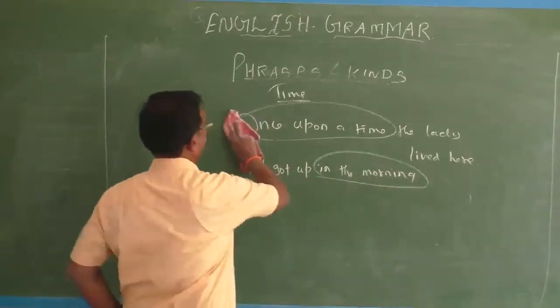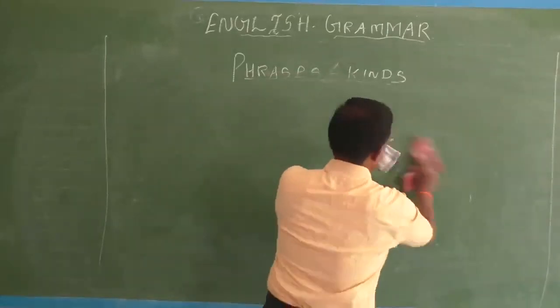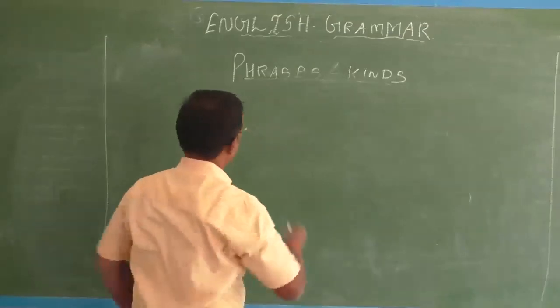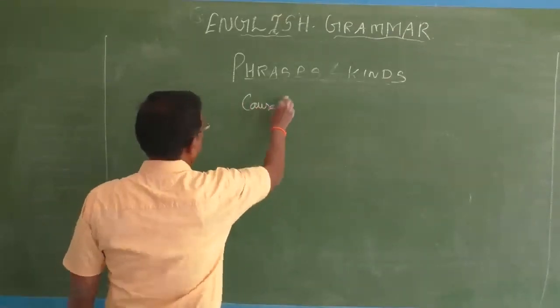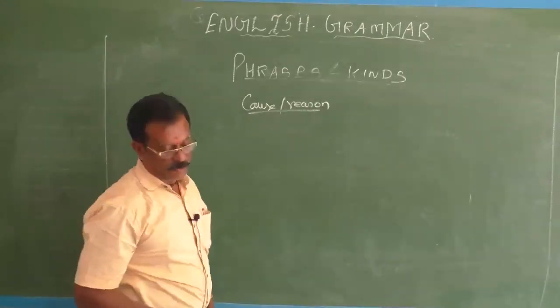Then you may have an adverb phrase of cause or reason. For that also I will give you sentences. Example: cause or reason. This is another type of adverb phrase.